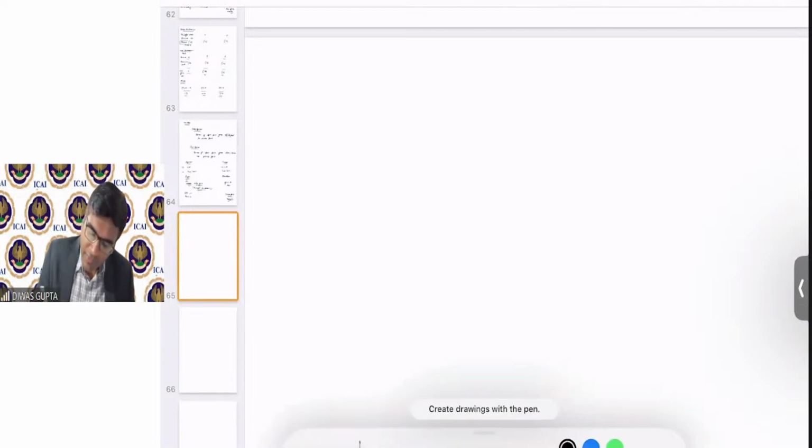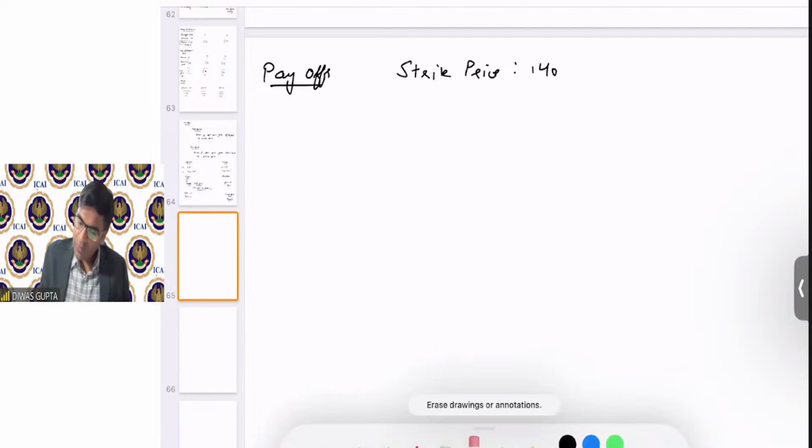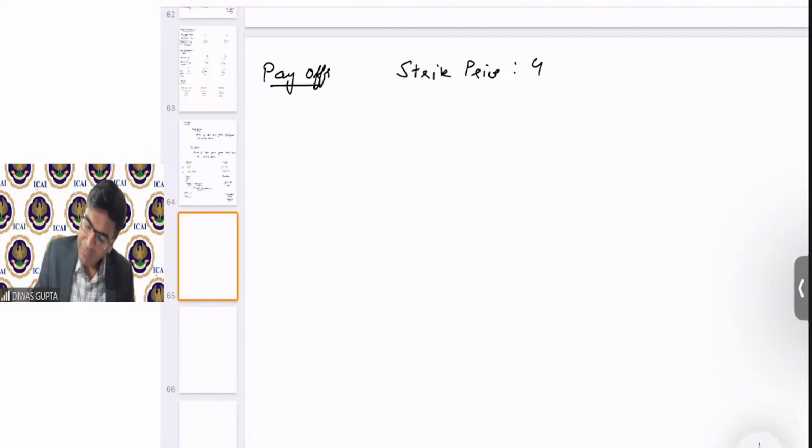So let's start with the first payoff, in which we are taking an example of an option which has a strike price of 40, and a premium of 5.